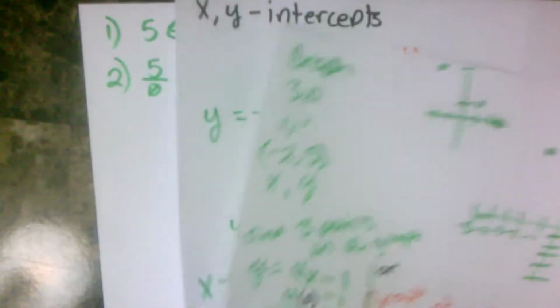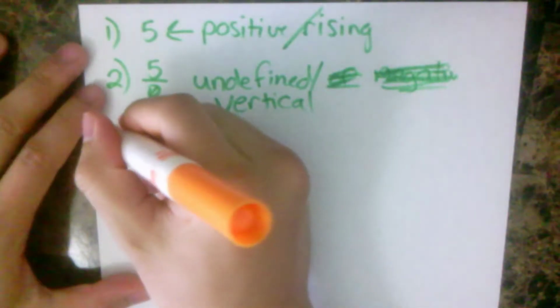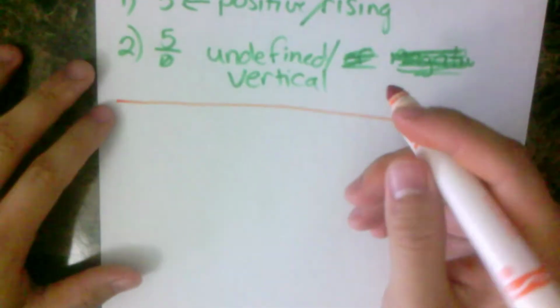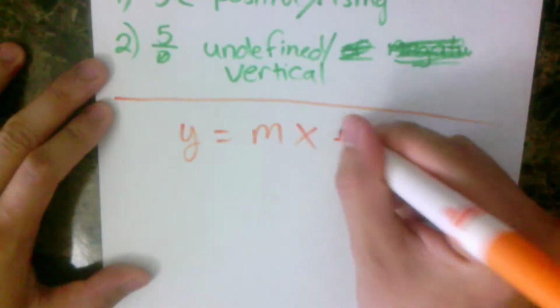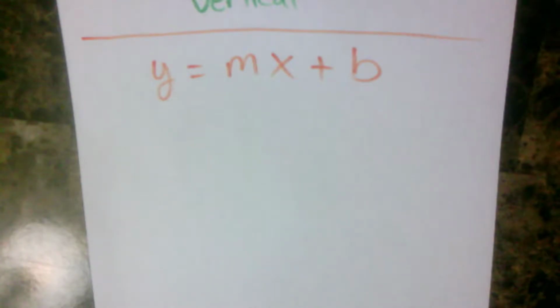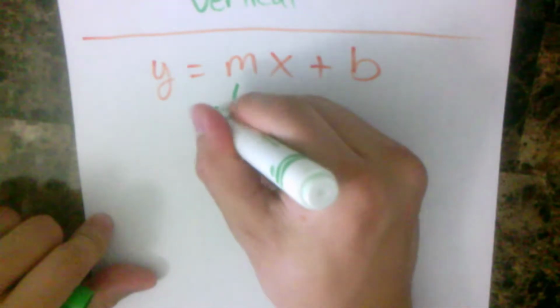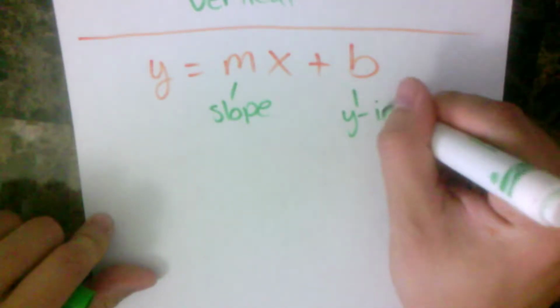And what this means is that this is your slope-intercept form of a line. So every time you see that format, you know that it's going to form a line. So y equals mx plus b. We've talked about this vaguely, but let's go ahead and go in detail. Your m is your slope, and your b is your y-intercept.